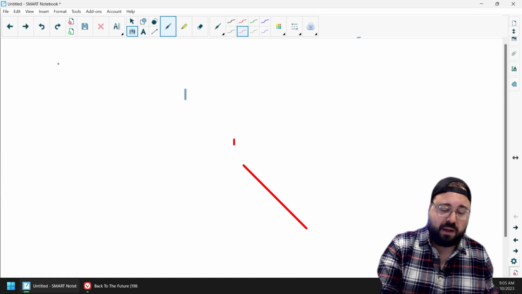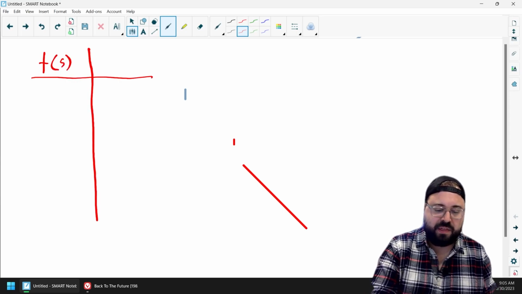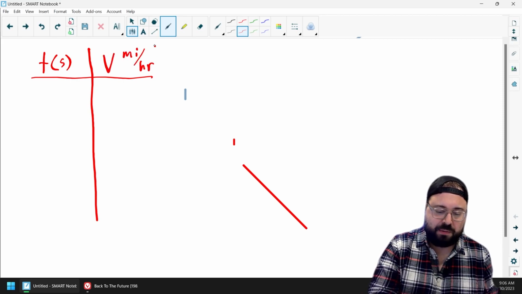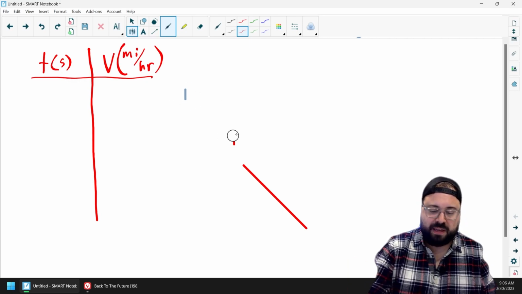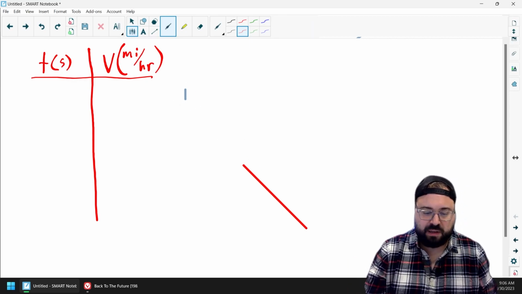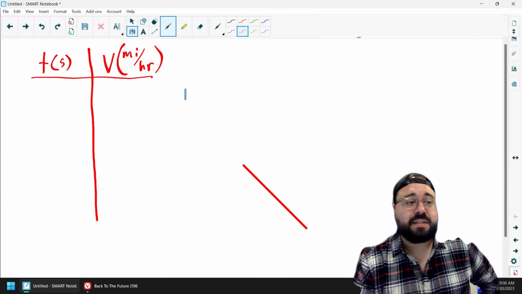So what we want to do is make this table, times in seconds, along with speeds in miles per hour, because that is the unit we are using in this example.